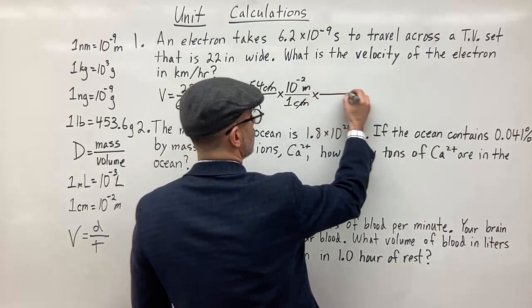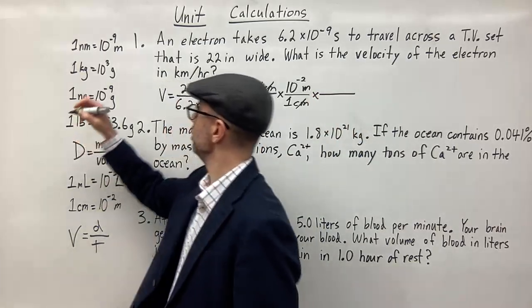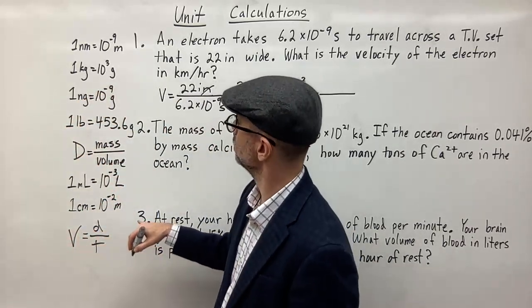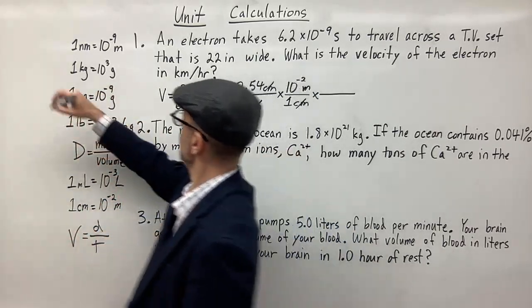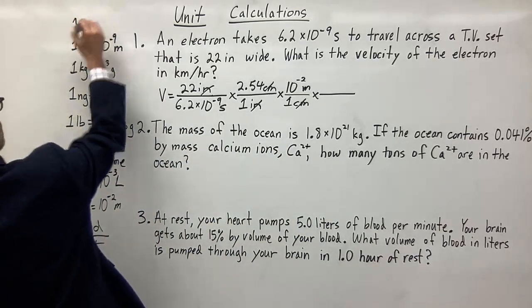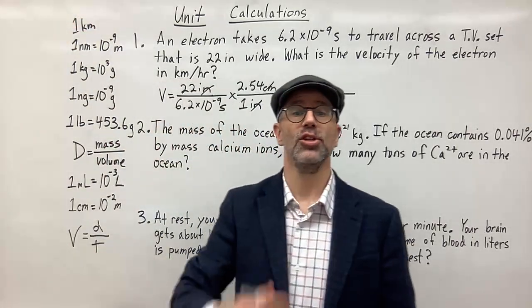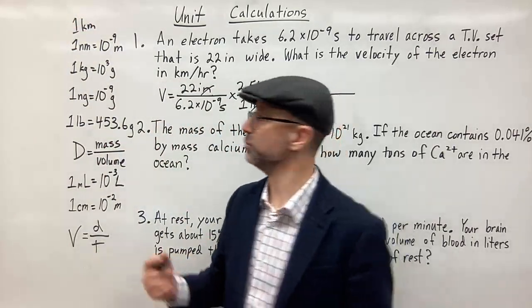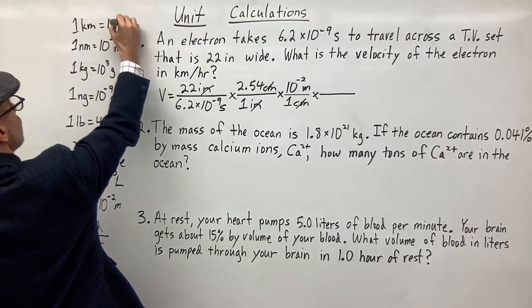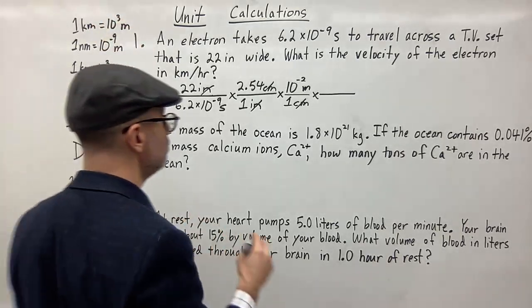And now I'm going to convert meters to kilometers using, where's my meters to kilometers? I don't have it. I'll write it up here. So 1 kilometer, kilo is 1,000. So 1 kilometer is 1,000 meters. So 1 kilometer equals 10 to the third meters.